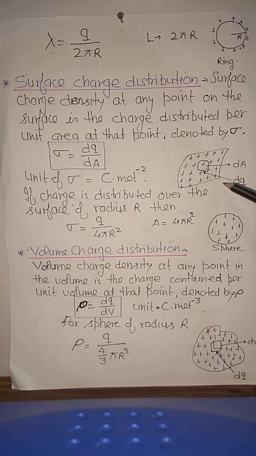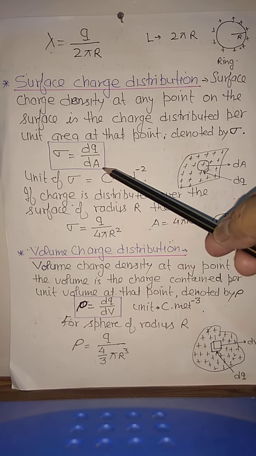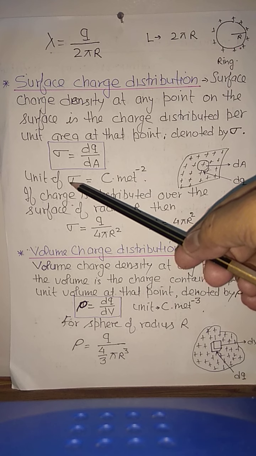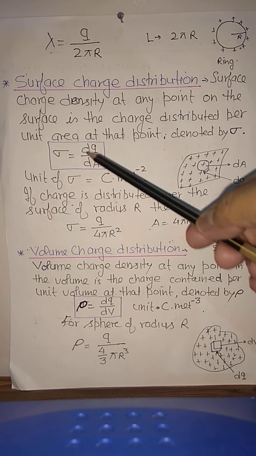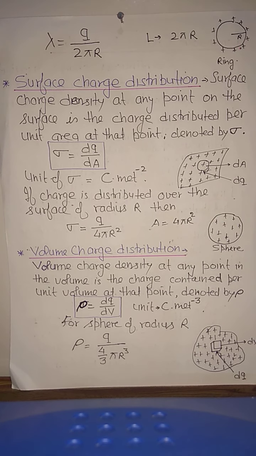This is the diagram which is showing any surface. This is area dA on which the charge is dq, and therefore sigma is equal to dq upon dA. Unit of surface charge density sigma will be what? Coulomb per meter square, that is coulomb meter minus 2. Right?